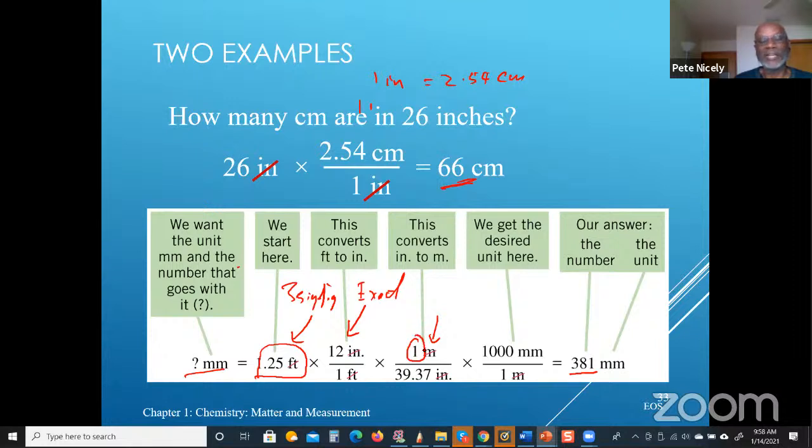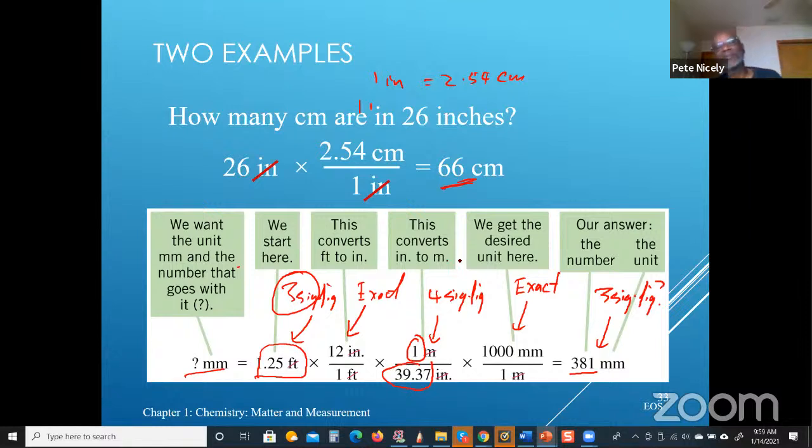Whenever you have a 1 appearing in such relationships between units, you consider the 1 to be exact, but this number here would not be exact. So this is 4 sig figs. And this here is exact totally, right? So therefore, when you round off your final answer, you have to round off to 3 sig figs here. So that's why this is expressed to 3 sig figs in this case, all right?